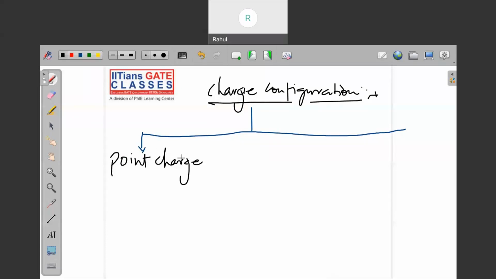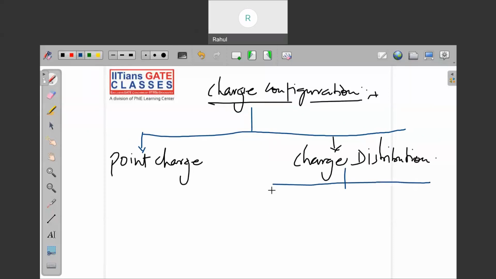If charge is distributed along a line, that is going to be a line charge. So in charge distribution, we will see three kinds: charge distributed over a line, over a surface, and over a volume.